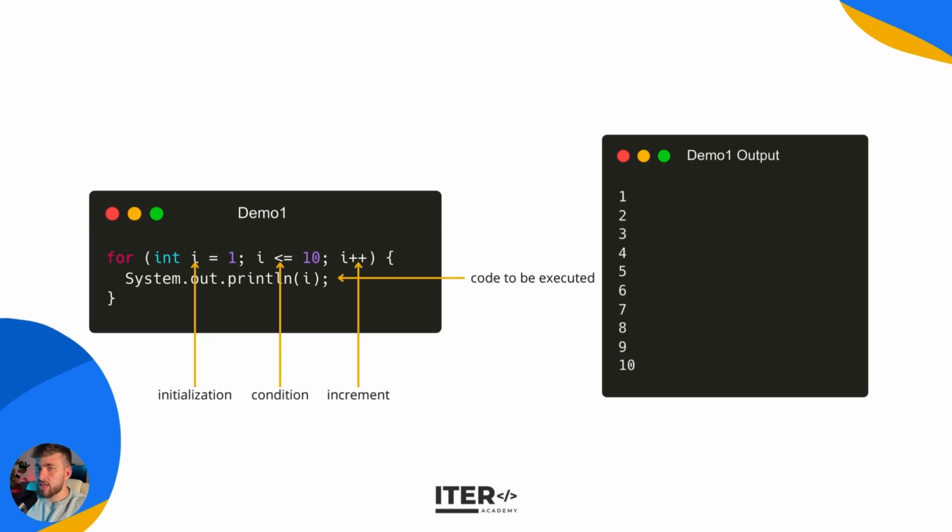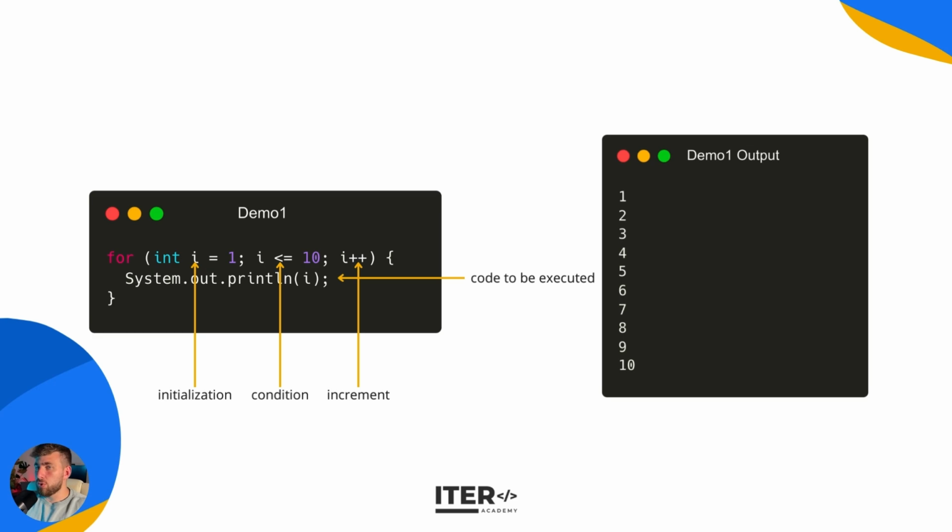So in this case, int i = 1 is initialization, i <= 10 is condition, and i++ is increment. After that, in brackets, there is code that will be executed for each iteration. This code would output the numbers 1 through 10 in the console.